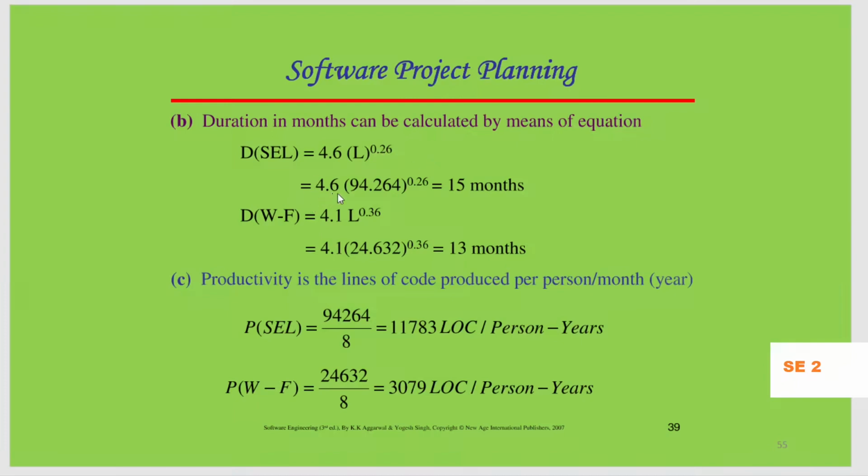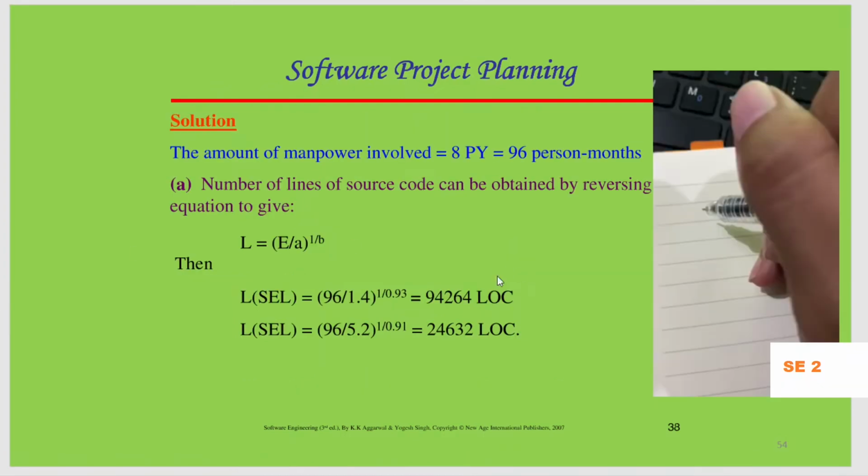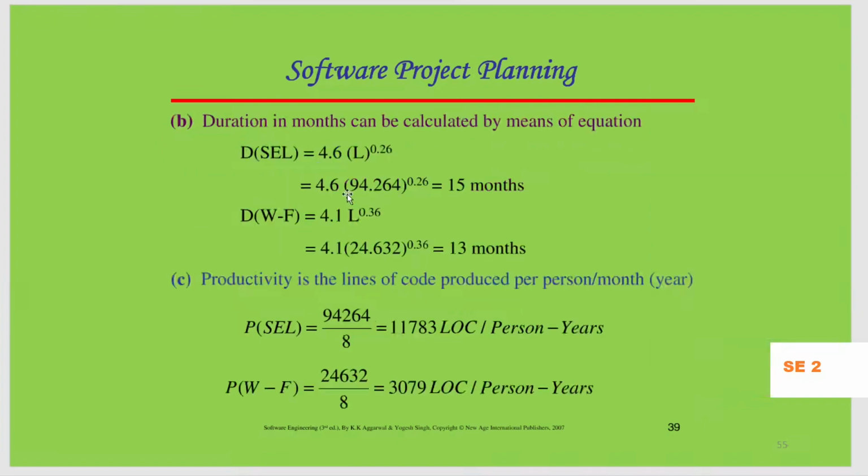So, 4.6 times 94,264, since it was said earlier that L, the lines of code, is in thousands. So the answer we got earlier, 94,264, is divided by 1,000. So, we have 94.264 raised to 0.26. If you do this in a calculator, you will have approximately 15 months.